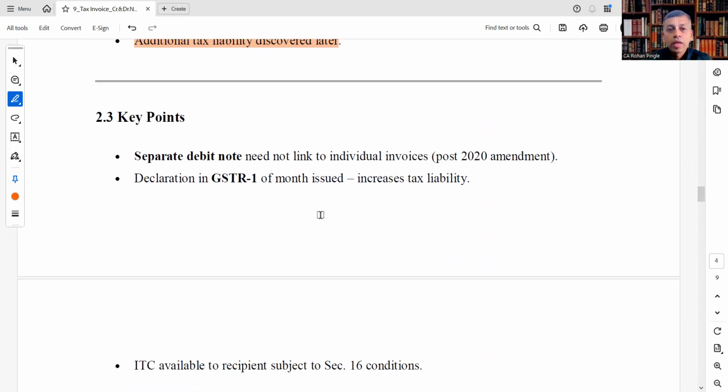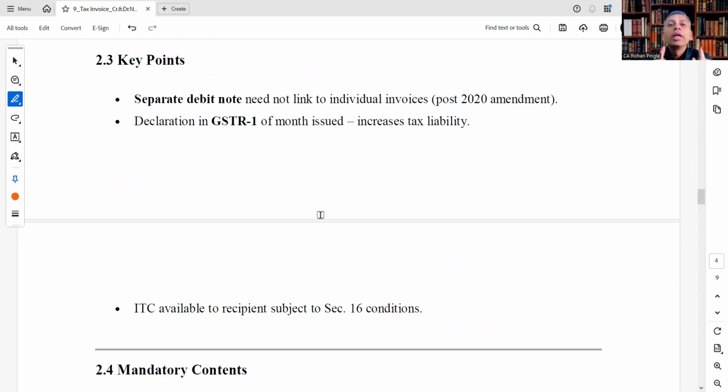Key points. A separate debit note need not link to individual invoices post 2020 amendment. Earlier, before the amendment, we needed to link debit notes to the individual invoices, but now that requirement is set aside.